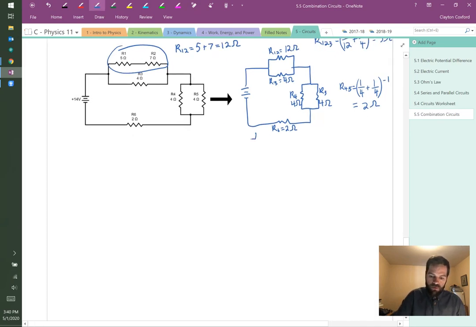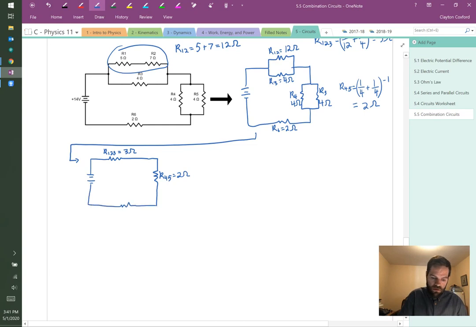So redrawing our circuit, we're going to have a 14 volt battery supplying current to resistor 1, 2, 3, which is 3 ohms, and then to resistor 4, 5, which is 2 ohms, and then to resistor 6, which is 2 ohms.